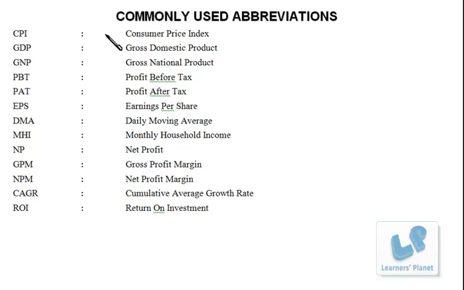Now here we see some commonly used abbreviations that we also just discussed. CPI, that is Consumer Price Index, GDP, Gross Domestic Product, Gross National Product, PBT, Profit Before Tax, PAT, Profit After Tax, EPS, that is earning per share, DMA, daily moving average, MHI, monthly household income, NP, net profit, GPM, gross profit margin, NPM, net profit margin, CAGR, very commonly used term, that is cumulative average growth rate, ROI, return on investment.